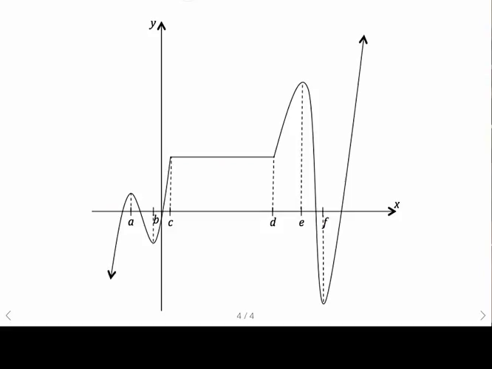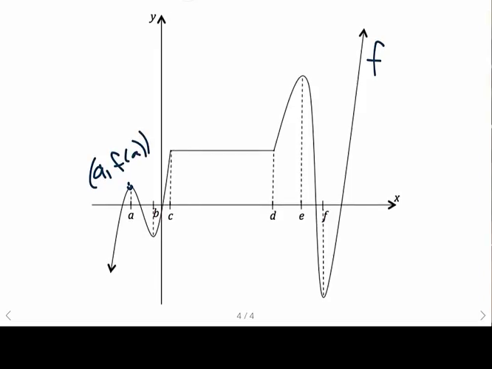If we have a function named, say, f, then we consider the point at a. It has coordinates a, f of a. And as we said on the previous slide, the first coordinate, the x coordinate, tells me where the value is. The second coordinate, the y coordinate, tells me what the value is.